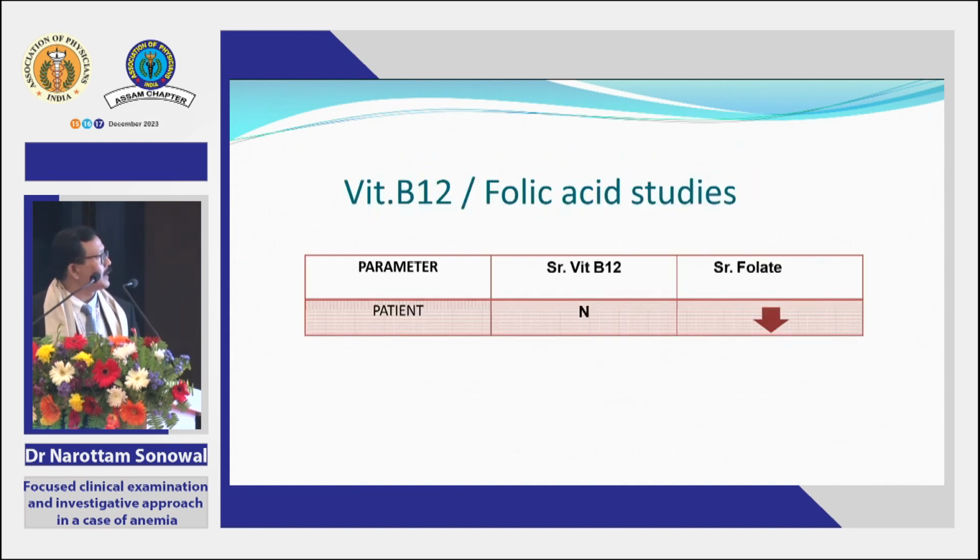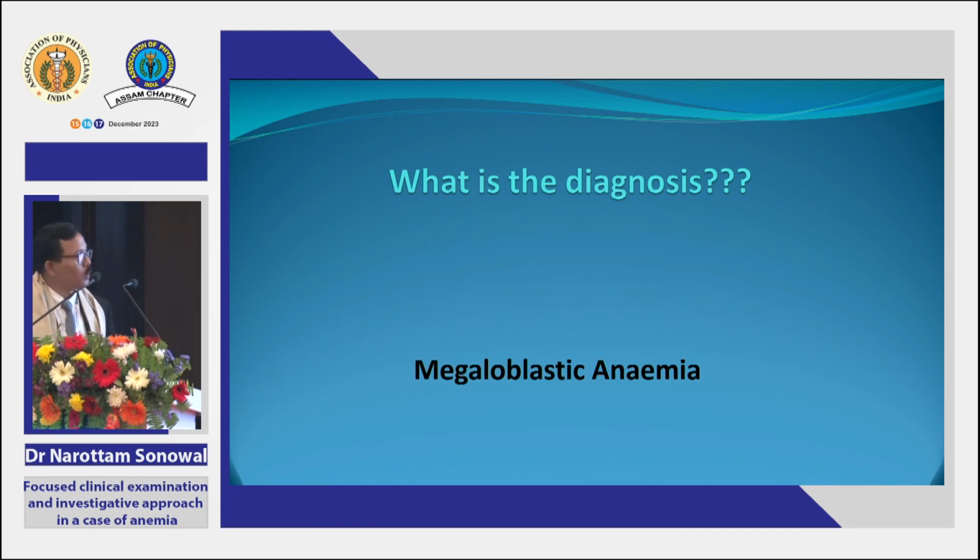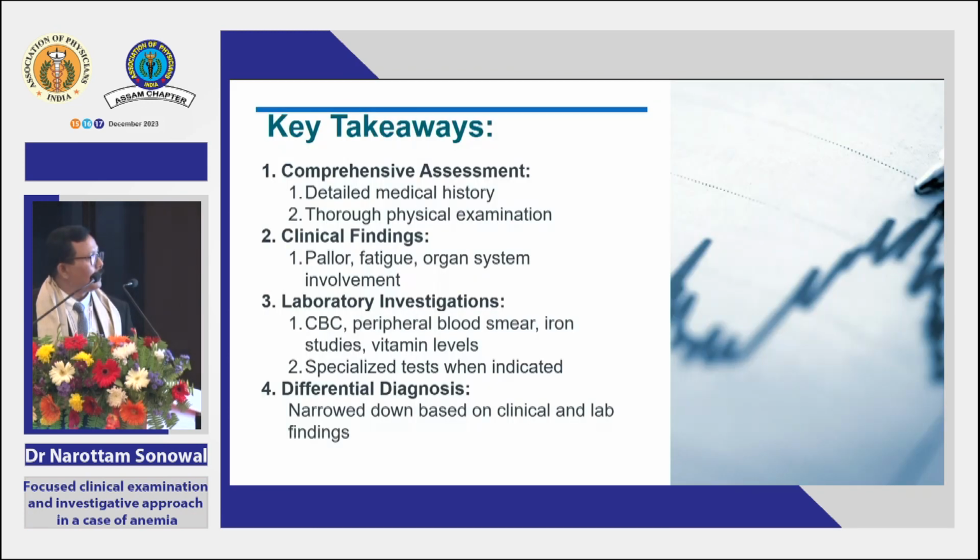Definitely, we have to do vitamin B12 and folic acid estimation. If vitamin B12 is normal and serum folate is decreased, then what is the diagnosis? The diagnosis is megaloblastic anemia.